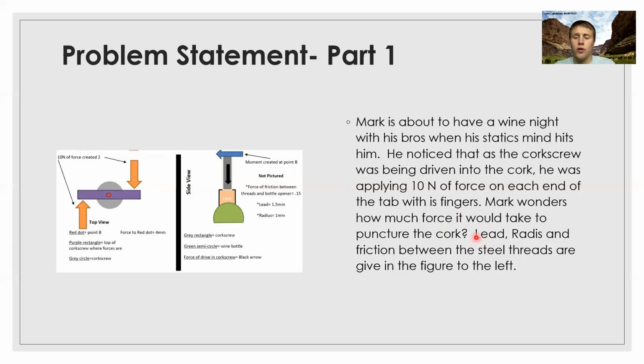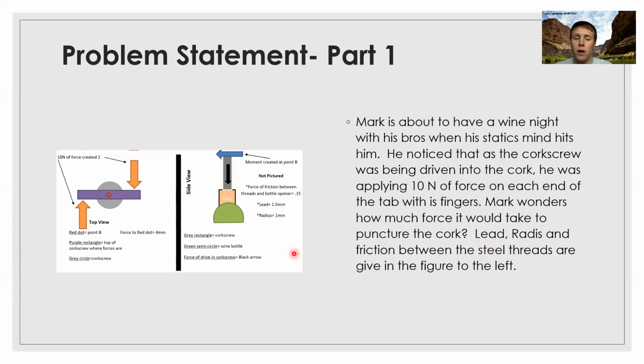Starting off, we will address the three components at the end. Lead, as I said in the last slide, is the distance between one thread and another. This is often vertical, and it'd be easier to show on this diagram: from one thread to the other going downwards. In this case, it is 1.5 millimeters.